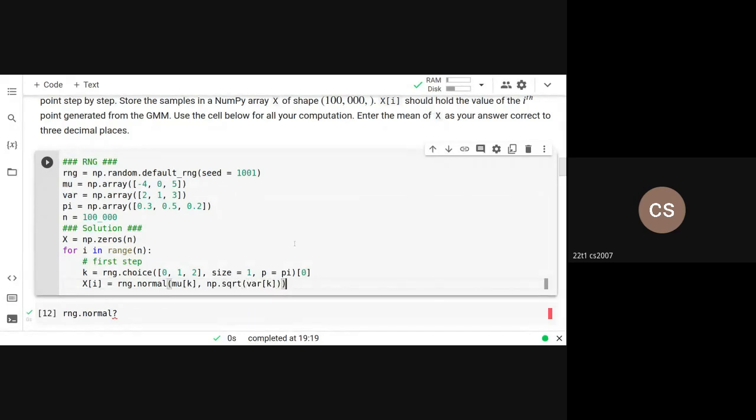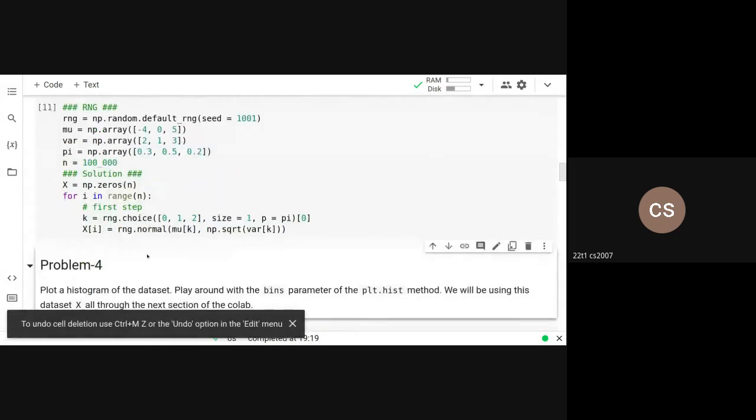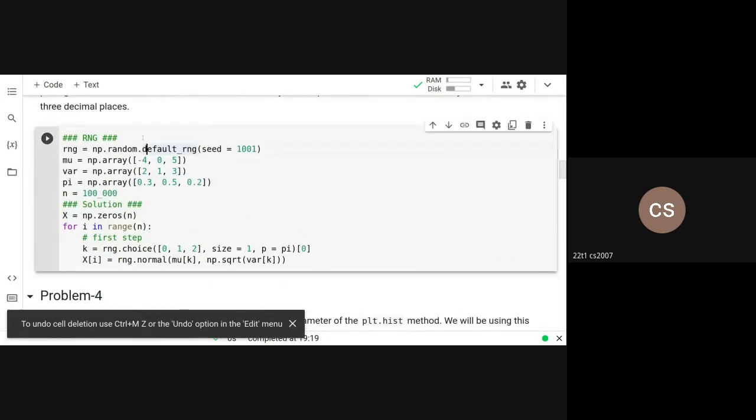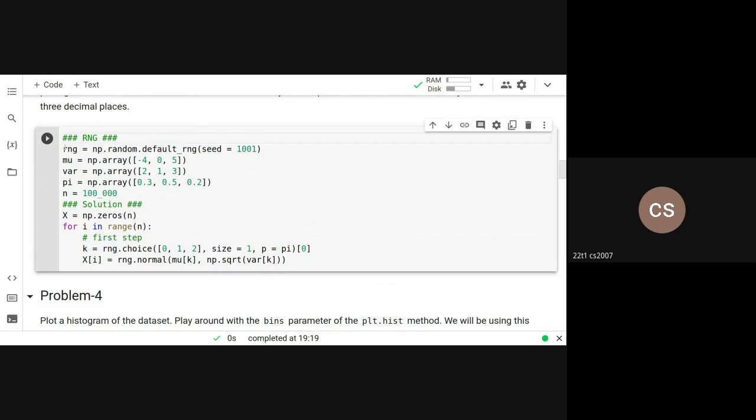So what have we done so far? This is just our random number generator. We have mu, which is the mean of the three mixtures, var, which is the variance of the three mixtures, and pi, which is the pi k value, the probability of picking these three mixtures in the first place. N is the number of data points. X is the n data points that we'll have to generate.